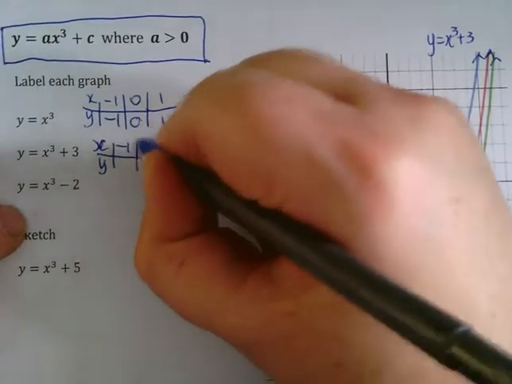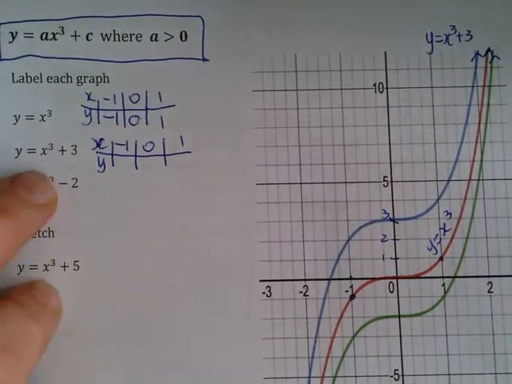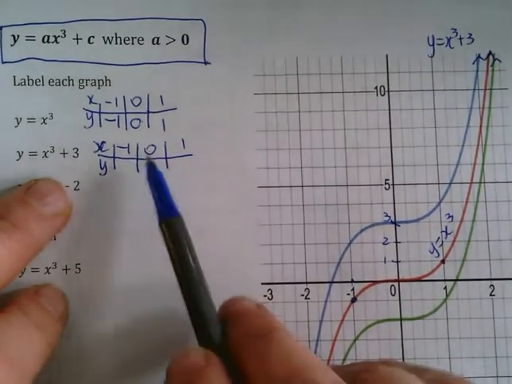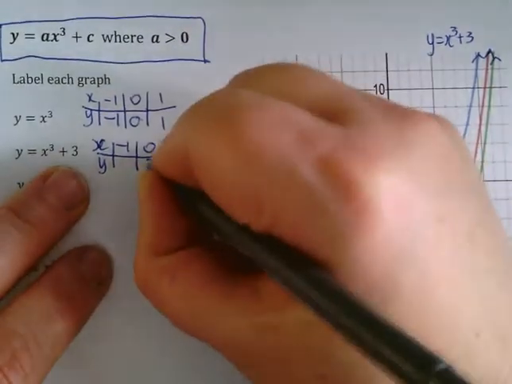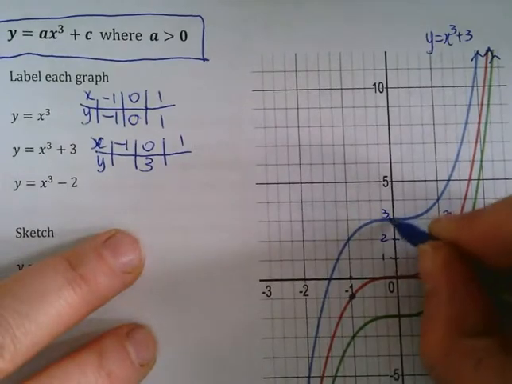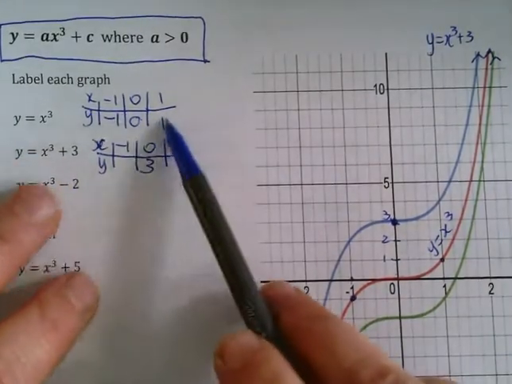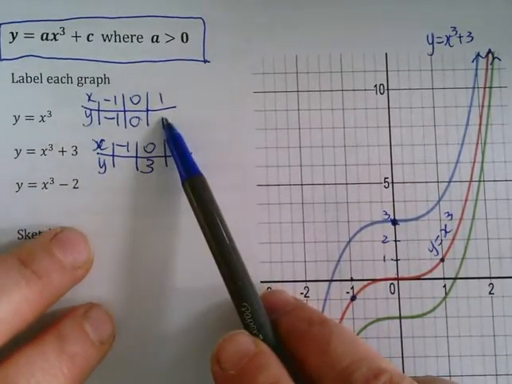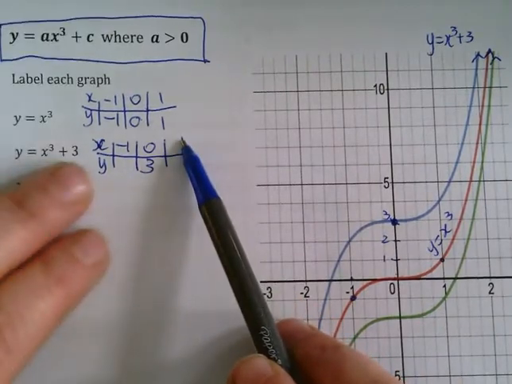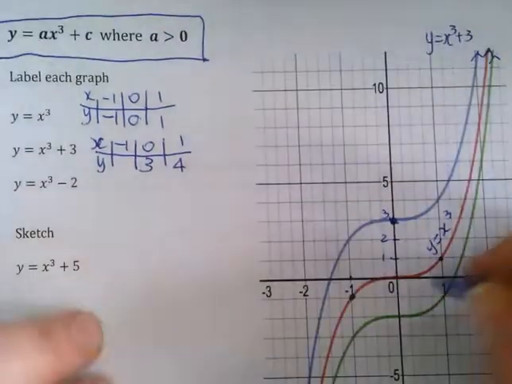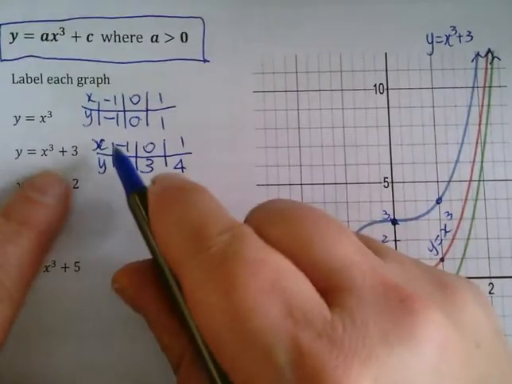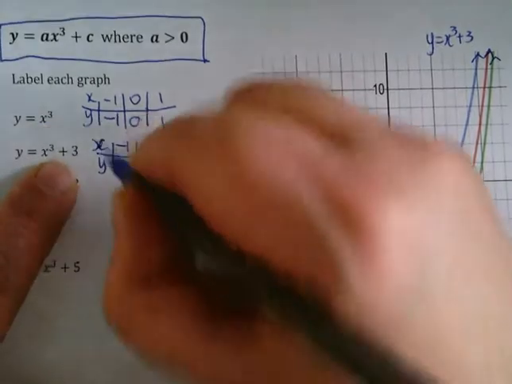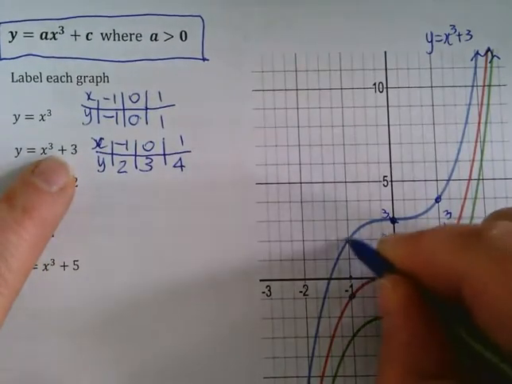So let's just look at a table of values, for example, for y equals x cubed plus 3. Let's do when x is 0. 0 cubed is 0, plus 3 is 3. So it passes through the point 0, 3. See, you know what you can do? You can just add 3 onto the values in the table above, because we know that 1 cubed is 1, plus 3 is 4. And then this one, negative 1 cubed is negative 1, plus 3 is positive 2.